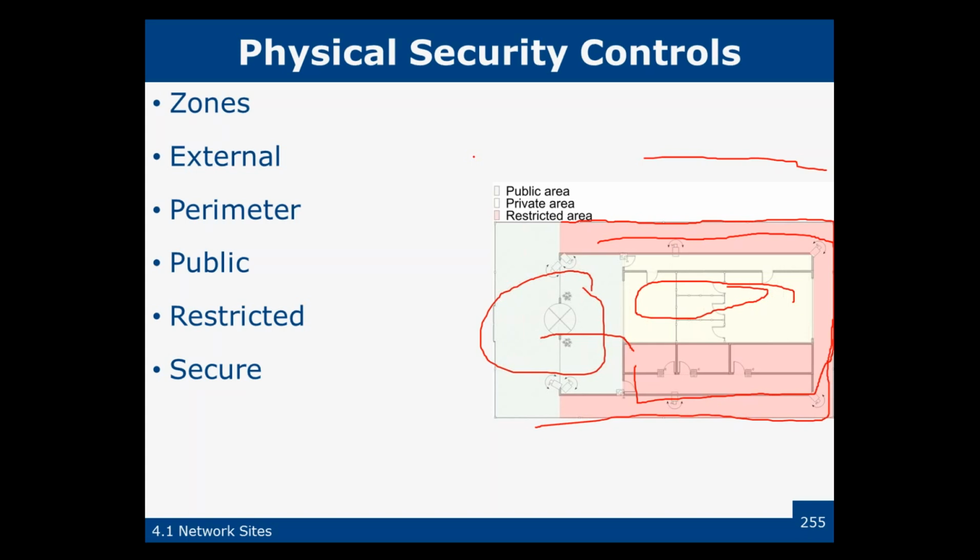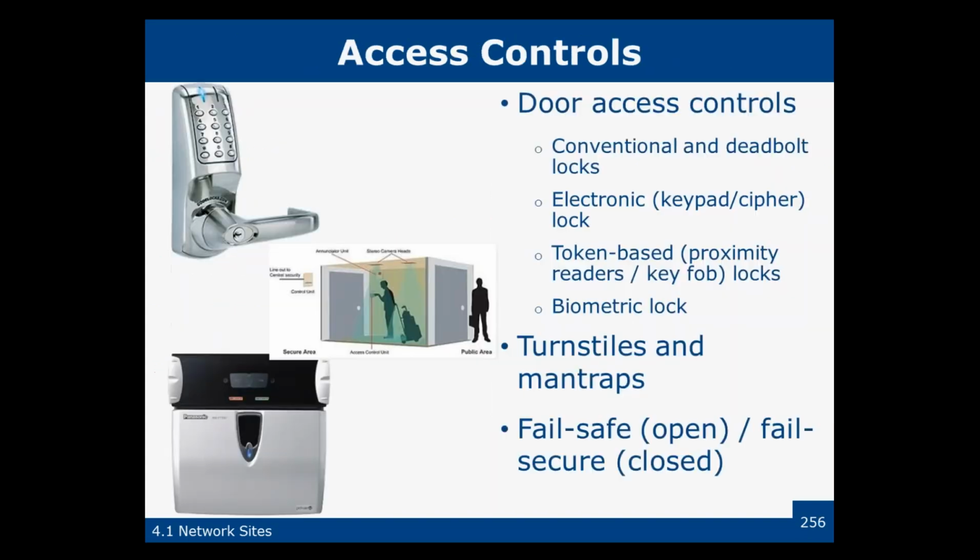And then if I boot it, I can go in and change passwords, get into the system, make myself an administrator, do a number of different things that we may or may not want users to be able to do. And how do you maintain physical security? And these are some of the things. Door access controls, conventional and deadbolt locks, keypad ciphers, token proximity readers, and a biometric lock.